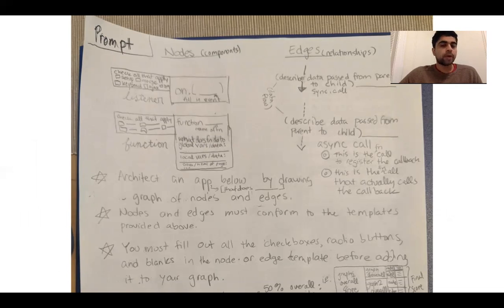However, we would have them draw this call graph for app B and how specifically they thought app B was implemented. It would involve drawing nodes, drawing edges, and marking those nodes as whether they're listeners or functions and whether they're involved in setup or mouse activity, etc.